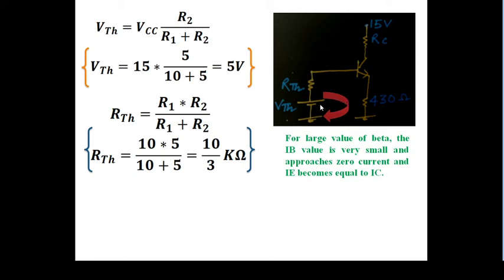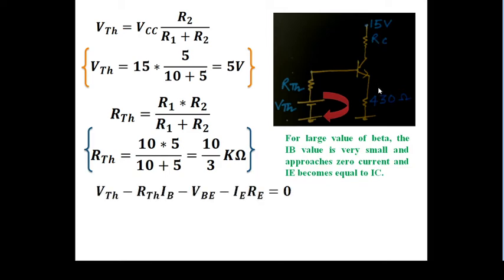So we write the KVL equation: V Thevenin minus IB R Thevenin minus VBE minus 430 into IC, the collector current.